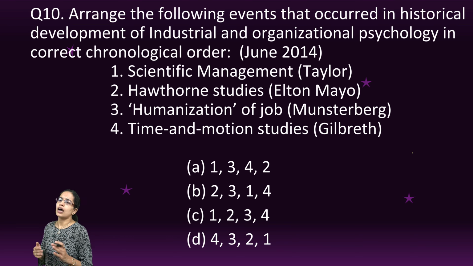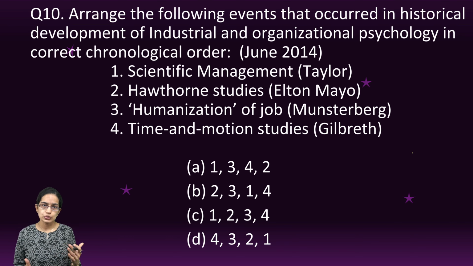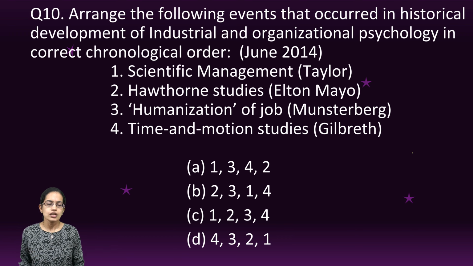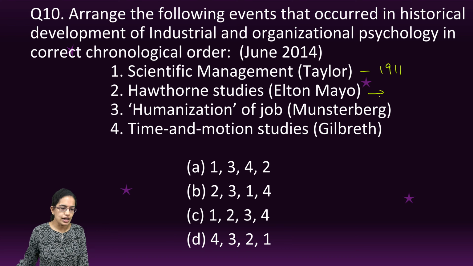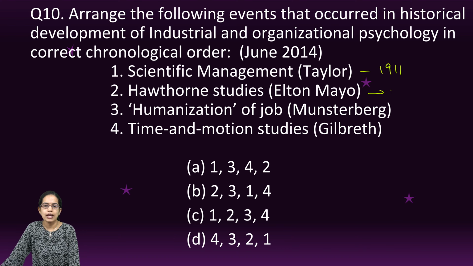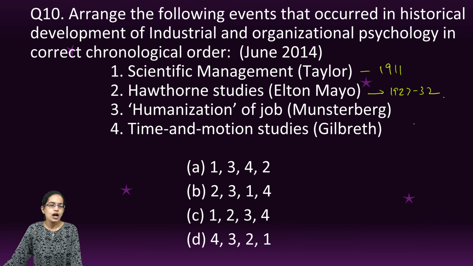Now here you are asked about the theories that evolved in a sequence. So the scientific management given by Taylor was in 1911. Hawthorne's experiment, which is very, very important every time you have a question directly and indirectly, was given by Mayo in 1927 to 32. Humanization of job given by Mintzberg has been talking about how jobs would change, the scenarios would change, in 1913.